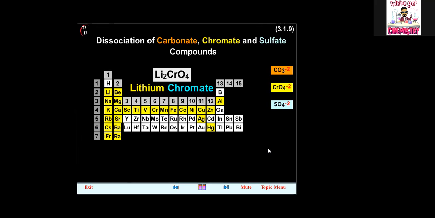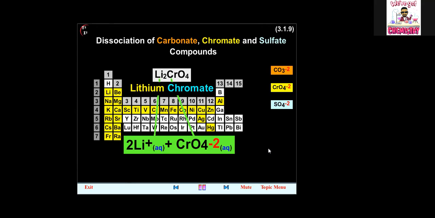Li2CrO4 is soluble in water. When dissolved, it breaks down into 2 Li+ aqueous and CrO4 2- aqueous.